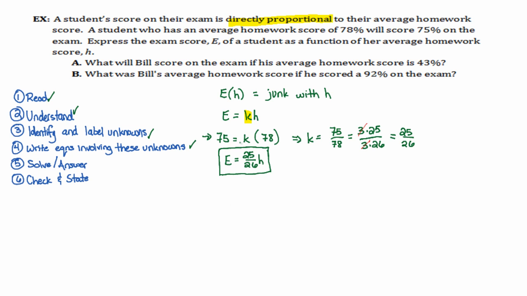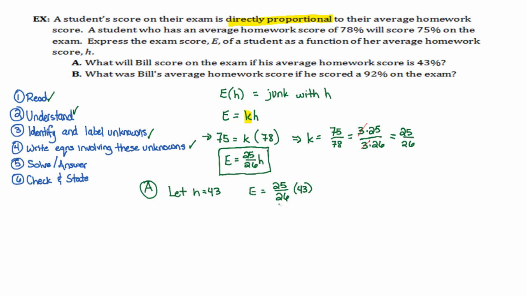And now, whenever they ask me a question, like in parts A and B they will, I can answer using this equation. For example, what will Bill's score be on the exam if his average homework score is 43%? So for part A, I will let H equal 43. So we get E is equal to 25/26 times 43.